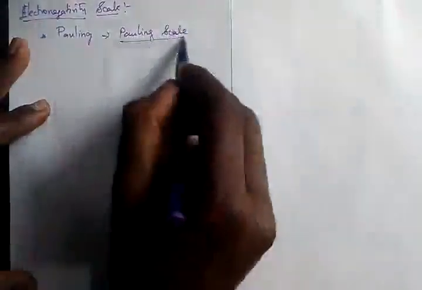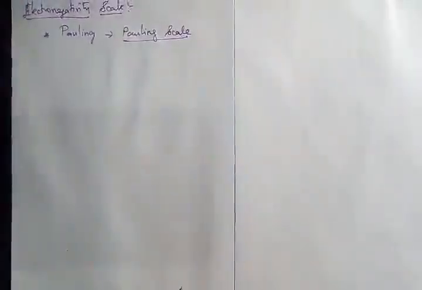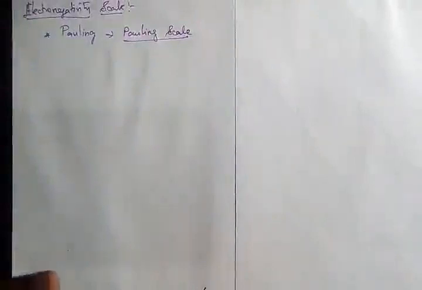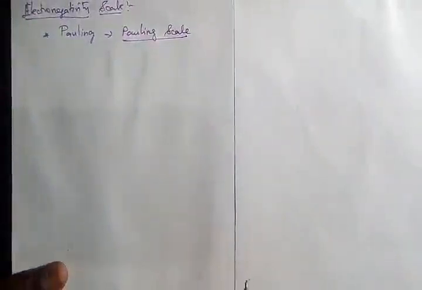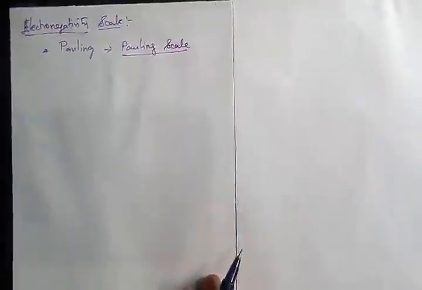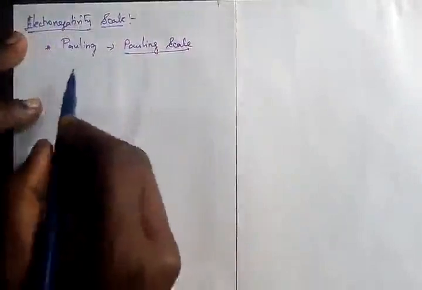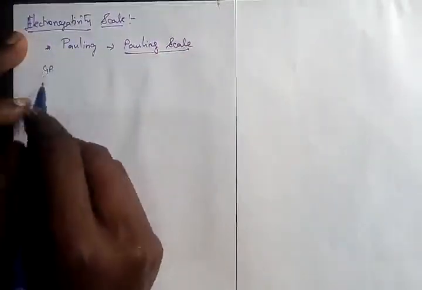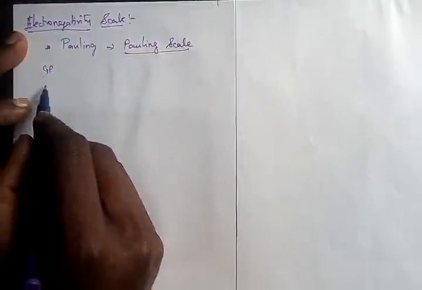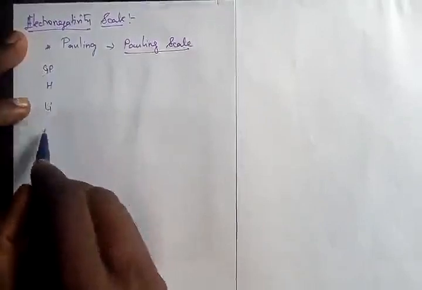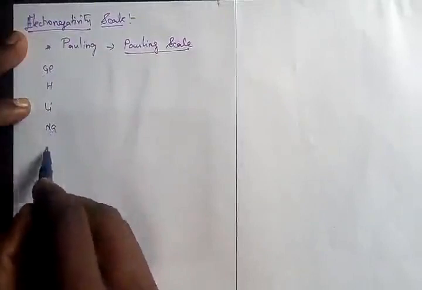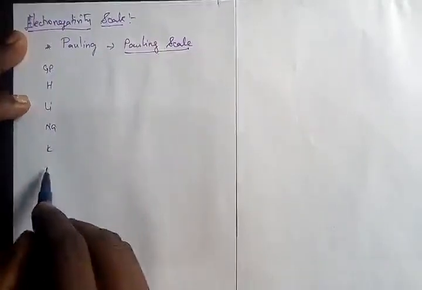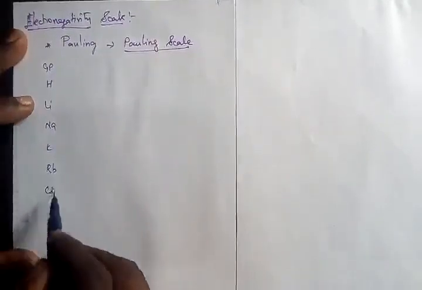Pauling scale, right? So the Pauling scale, he has predicted the electronegativity value for the particular element. Let us see the first group elements: hydrogen, lithium, sodium, potassium, rubidium and cesium.